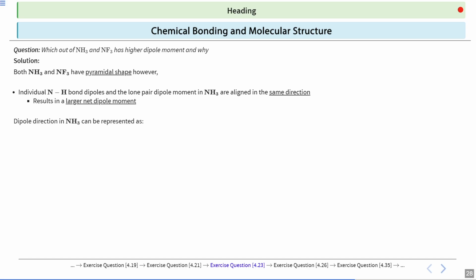What is the reason? For that, let us look at the picture of both of them. First, in the case of ammonia, the direction of the dipole moment starts from hydrogen and moves to nitrogen. That seems fair because hydrogen is less electronegative and will have a delta positive charge. We know that the dipole moment starts from the positive part and moves to the negative part.